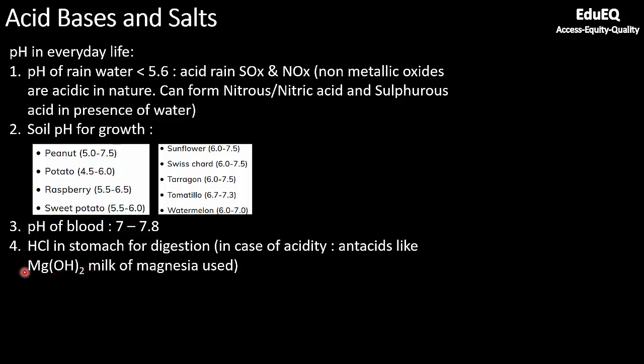So this magnesium hydroxide is a base and HCl is an acid in your stomach. So when these two react, it's a neutralization reaction. There will be a salt of MgCl2 getting formed, and there will be water getting formed. So base plus acid leading to salt plus water, and the salt is nothing but magnesium chloride in this case.